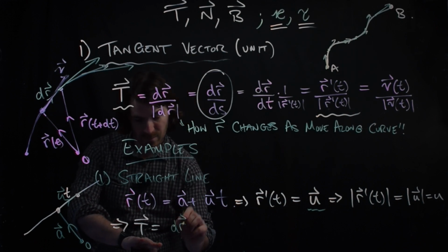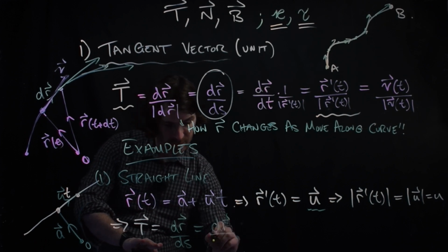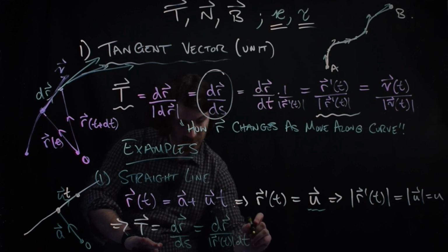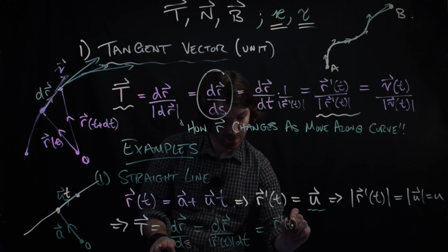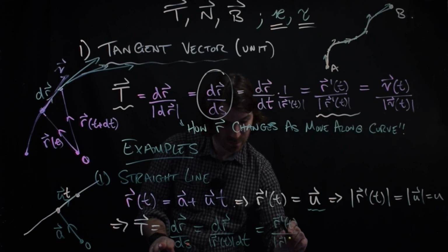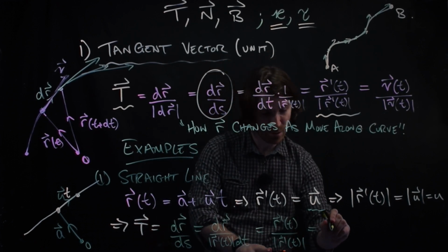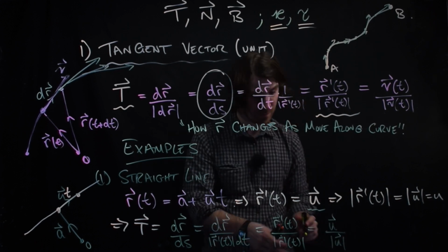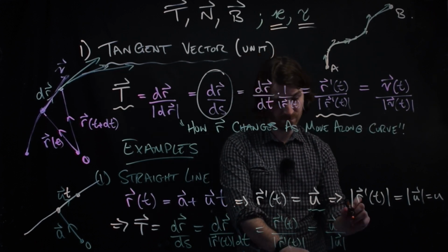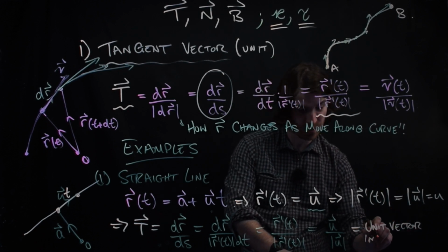It's dr by ds, which equals dr by the magnitude of r prime of t dt. So that's just r prime of t divided by its magnitude. I'm just writing out what's above again, and we've just found what these two quantities are. It's u divided by the magnitude of u, which is a unit vector in the direction of u.